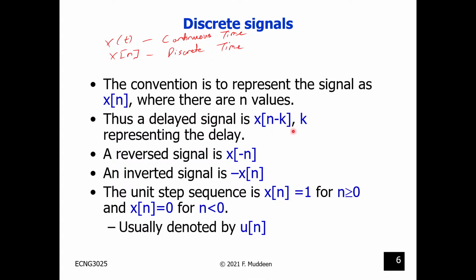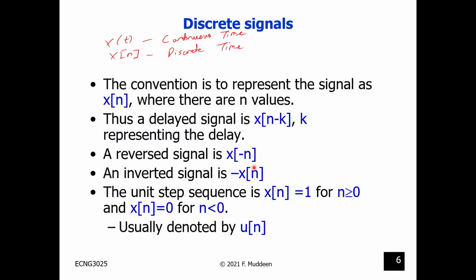So if we're delaying a signal, it's going to be x of n minus k. And if it's an advance, it will end up being x of n plus k, which is similar to the advance and delays that we saw for continuous time signals.